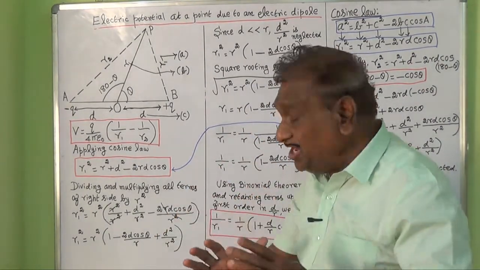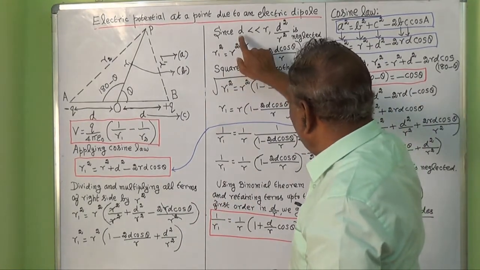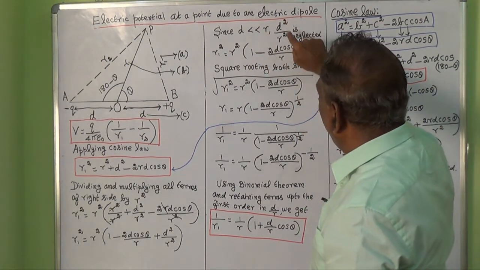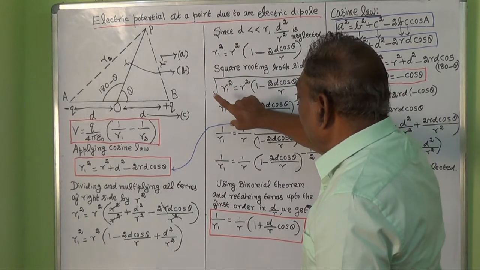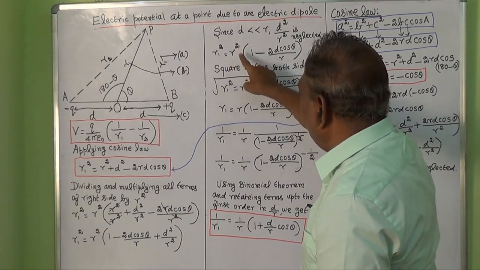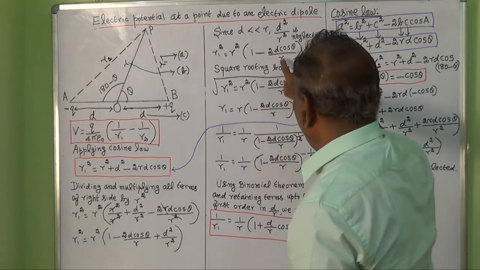For what reason is it neglected? Since the distance d is much less than r, the d square by r square is neglected. Now R1 square has become r square into 1 minus 2d cos theta by r.